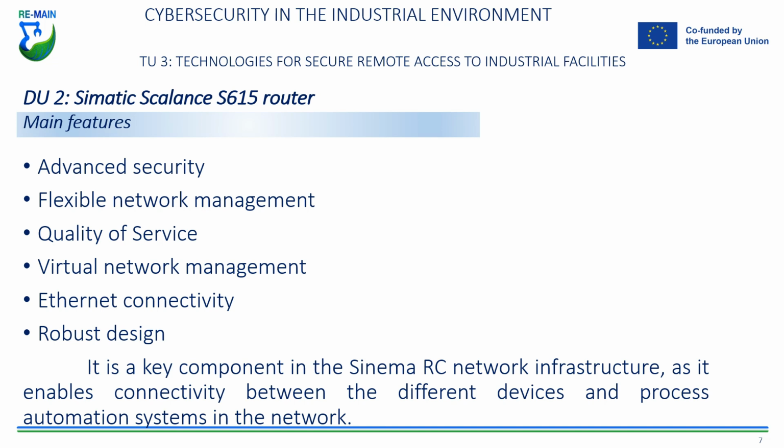The Ethernet ports support speeds of up to 1 gigabit per second. Robust design. The Scalance S615 is designed to operate in harsh industrial environments. It is resistant to vibrations, temperature fluctuations, and humidity, making it ideal for use in factories and production plants.